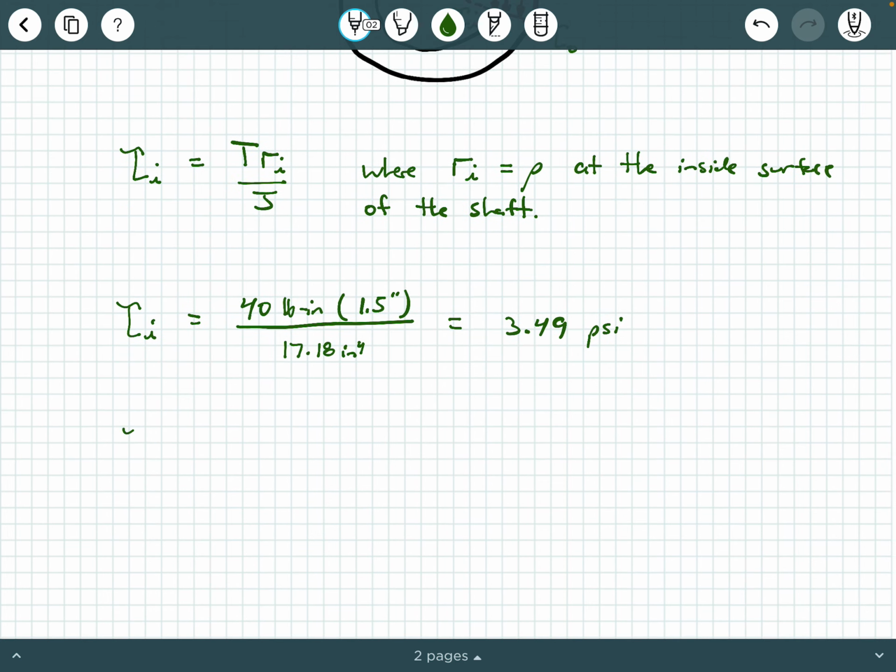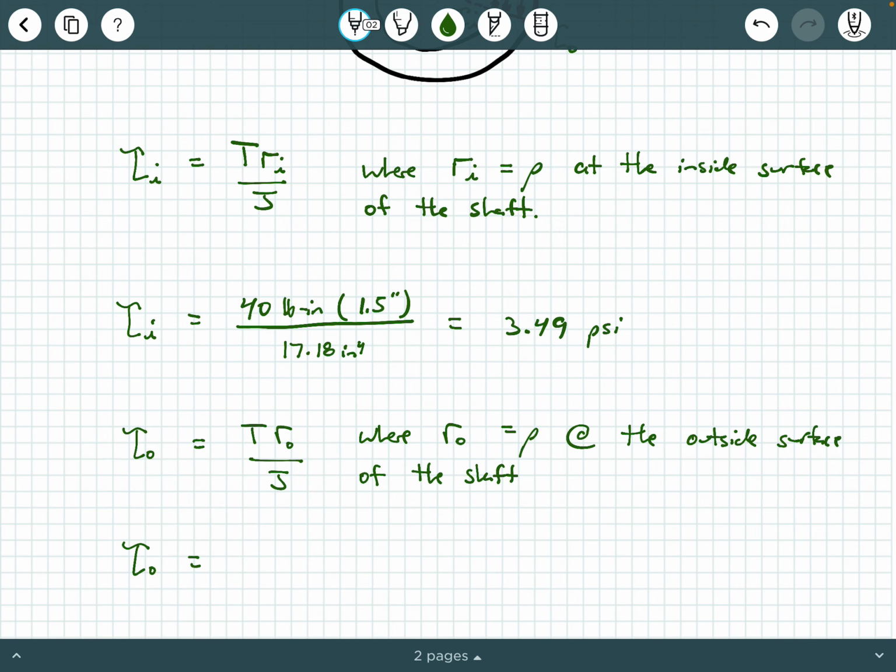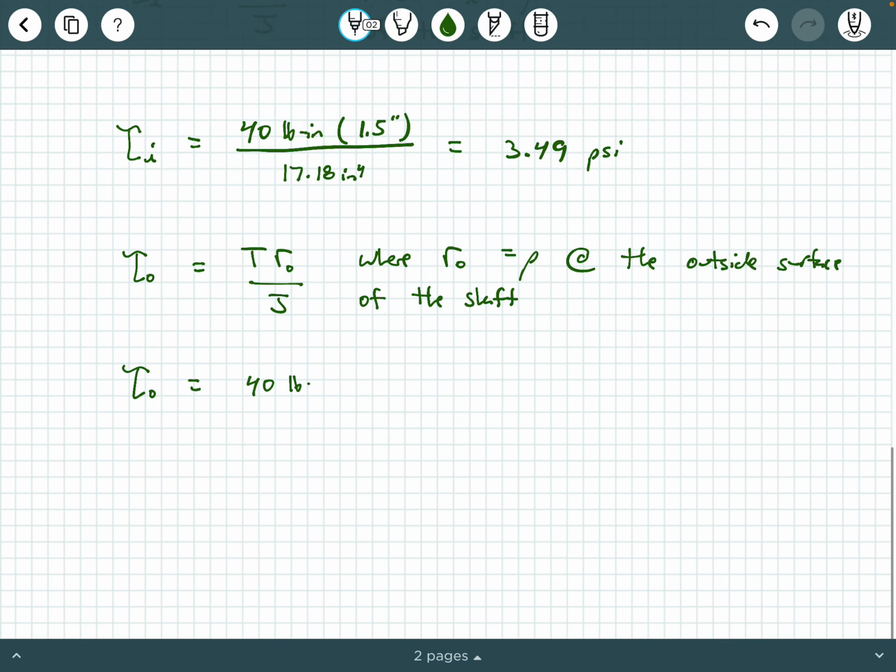And then we're going to say tau outer is T times the outer radius over J. And again, we're going to say where R_O equals rho at the outside surface of the shaft. So tau outer is going to be 40 pound-inches times, what's the outer radius? Well, that's just 2 inches because the outer diameter was 4 inches. And we still divide it by the 17.18 inches to the fourth.